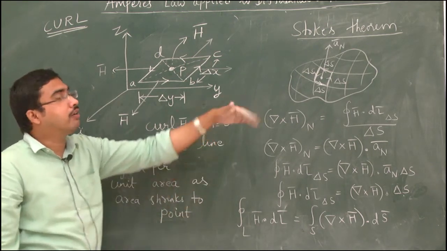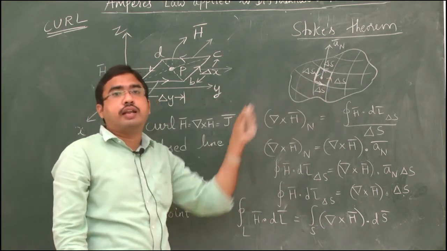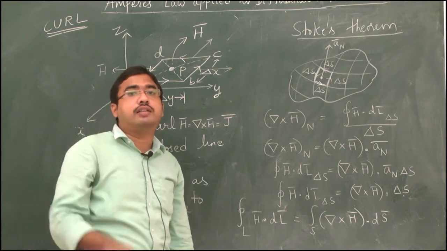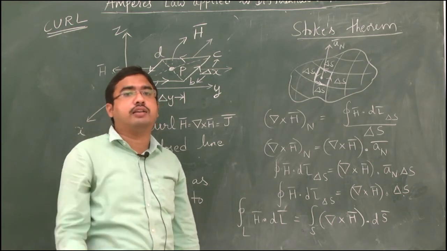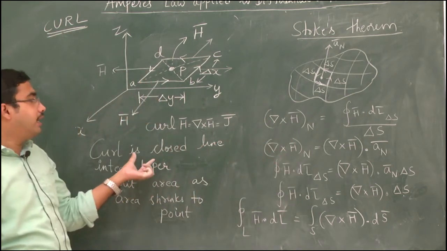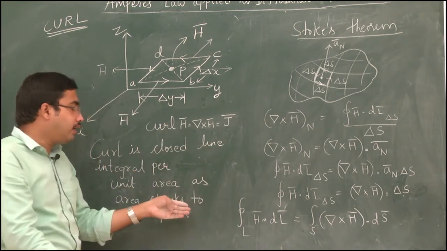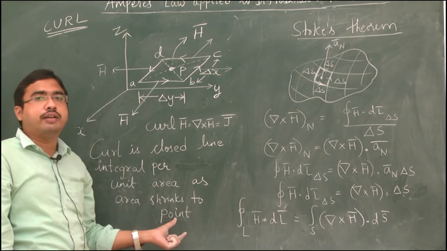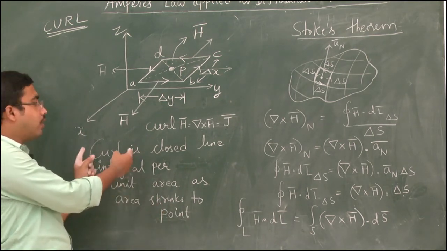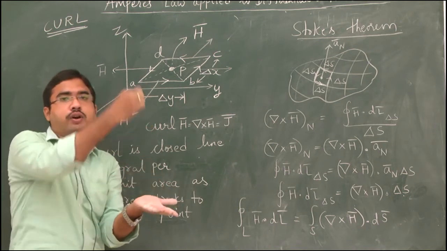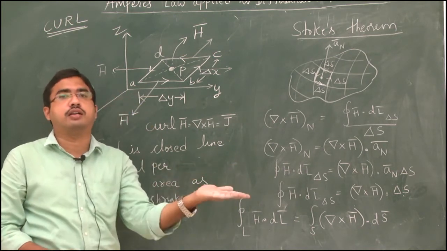That means in our previous derivations we have derived the expression for integral h bar dot dl bar divided by the surface area delta x delta y. That means closed line integral of h bar dot dl bar per area as the area shrinks to a point. That physical quantity is called curl. This curl is always given as a perpendicular quantity to the surface that you are considering.